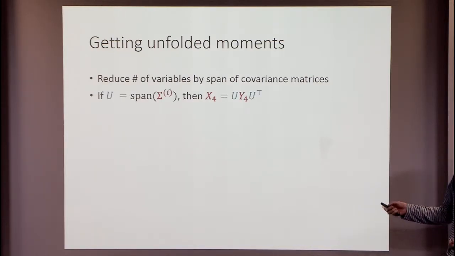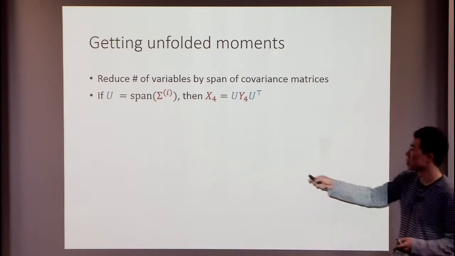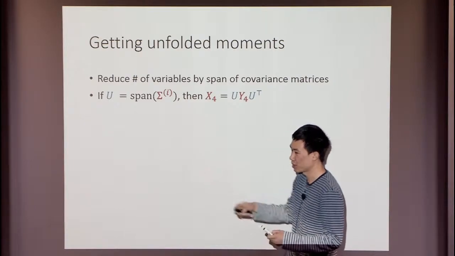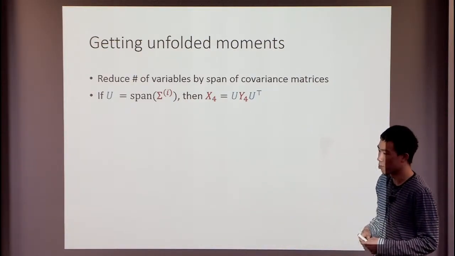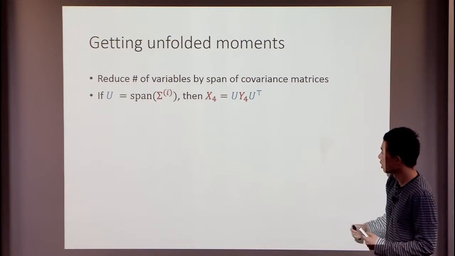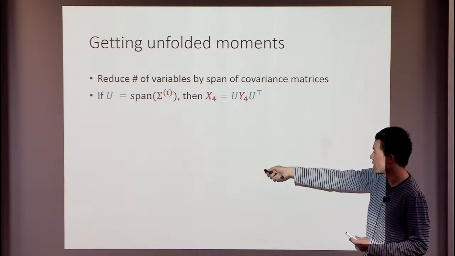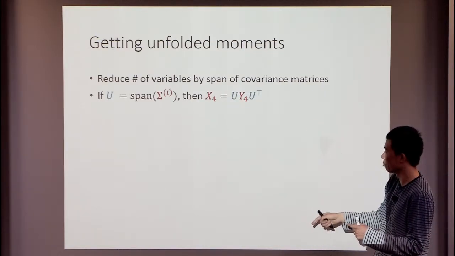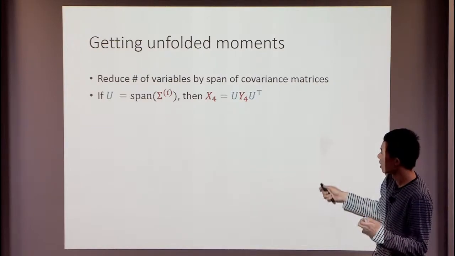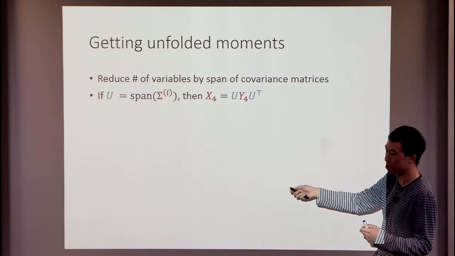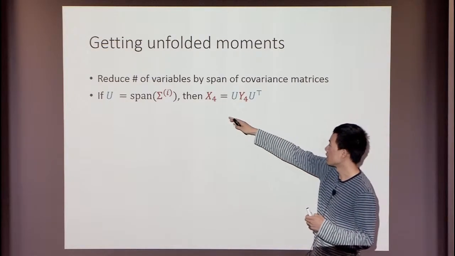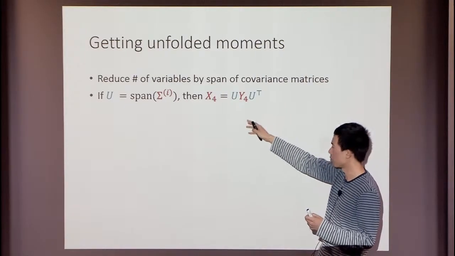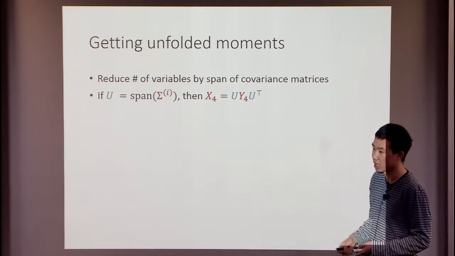Basically, if we know the span of the vectorizations of the covariance matrices, it's in an n plus 1 choose 2 dimensional space, and U itself has dimension k. So if we have a matrix U that's n plus 1 choose 2 by k, the span of all these covariance matrices, then we can write this X4 matrix as U times some Y4 times U transpose, where Y4 is now only a k by k matrix.